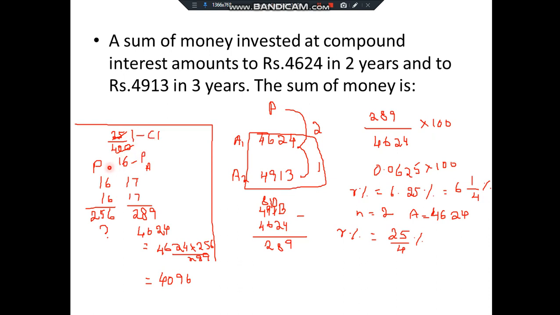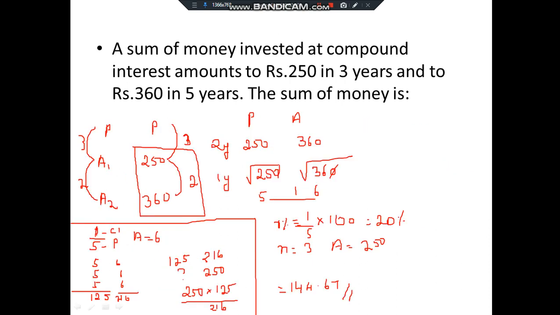You want your amount, so 16 plus 1, which is 17. Since it is 2 years, we will repeat it 2 times, then multiply both the 16s and both the 17s and find the answer. Now your question is, you will have to find the principal when your amount is 4624, right? Yes. Now cross multiply, you will get the principal as 4096. I hope you understood. Yes.